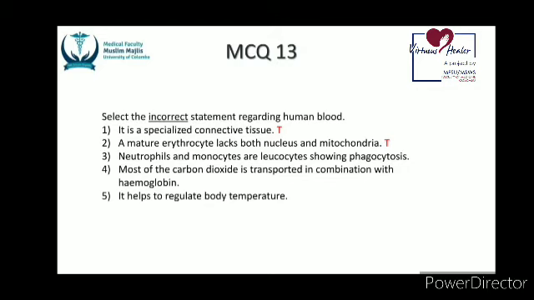Statement number 3. Neutrophils and monocytes are leukocytes showing phagocytosis. This statement is true. We know that leukocytes or white blood cells are of 2 types, granulocytes and agranulocytes. Granulocytes are the neutrophils, eosinophils and basophils. Agranulocytes are the monocytes and lymphocytes.